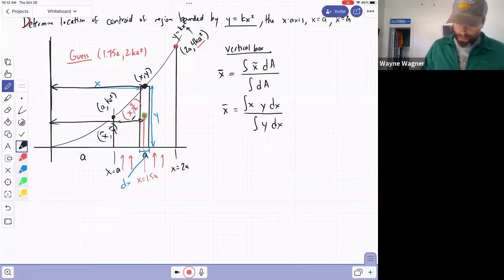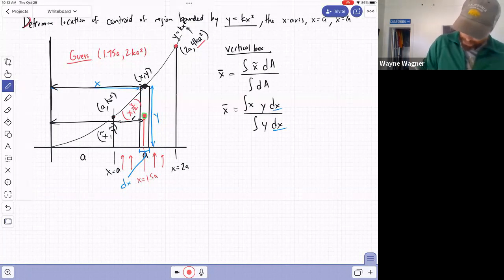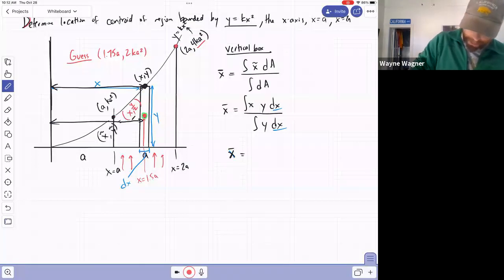Okay. So now let's see. To solve this, the last little bit, we've got dx's, so I need to get rid of those y's. So we'll go ahead and do that. Oh, no, I want black here. Okay, so we'll go X bar equals, in place of those y's, I'm going to use this equation right here, y equals kx squared.